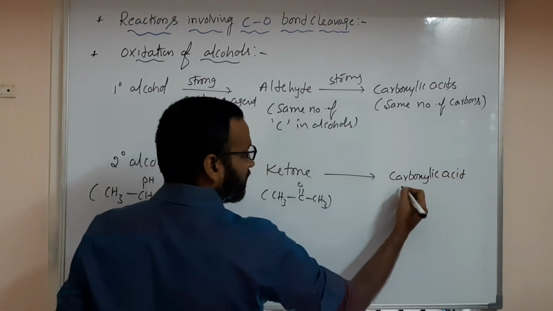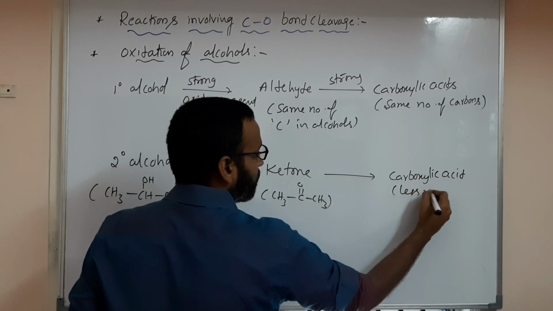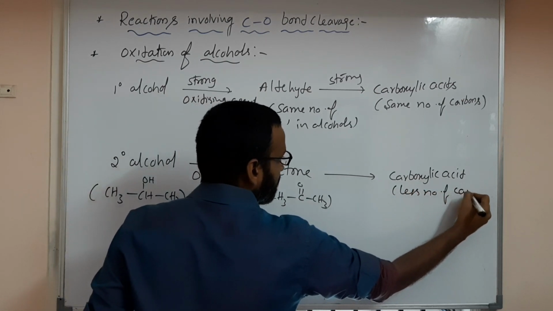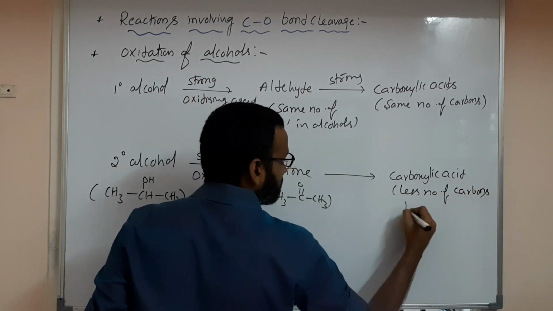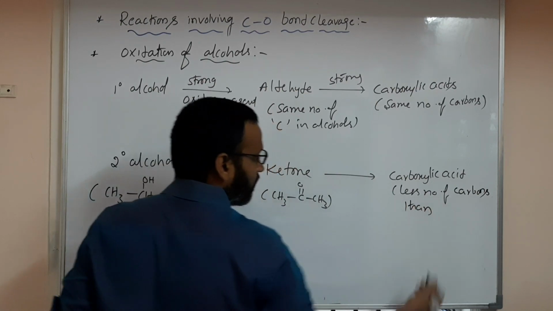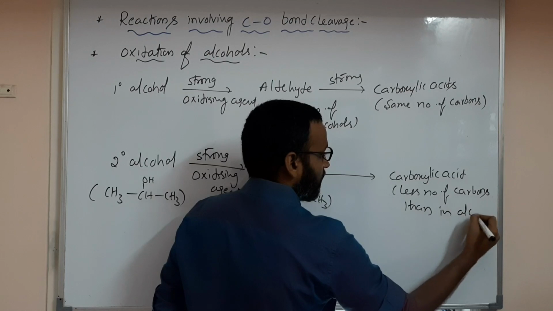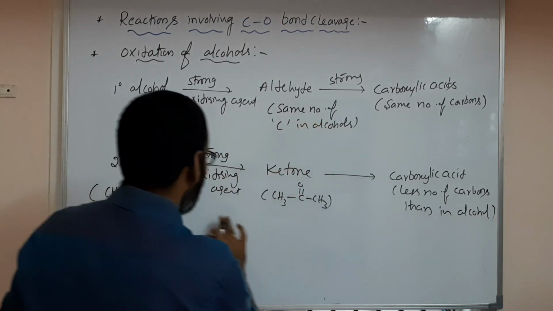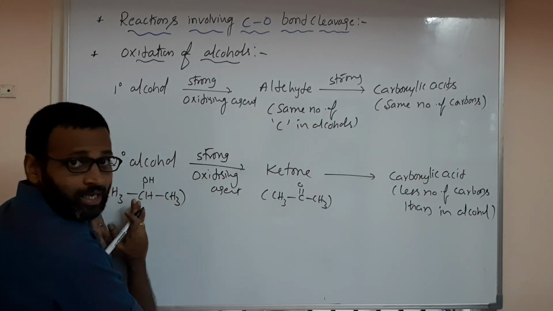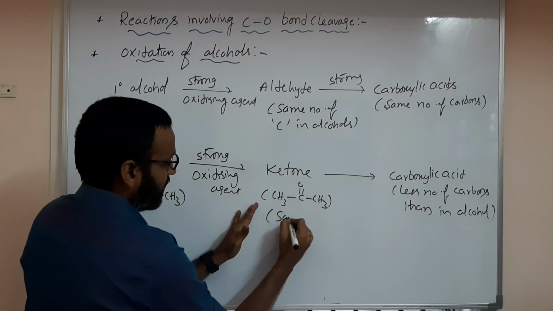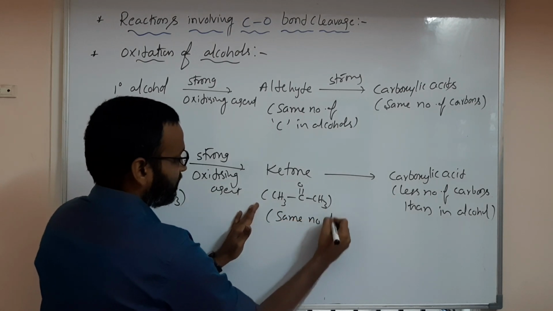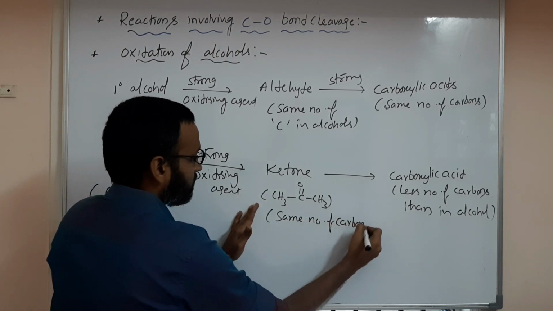Carboxylic acid, but with a smaller number of carbons than in the alcohol. In the ketone, the same number of carbons as the secondary alcohol. Sir, why are you explaining this directly?